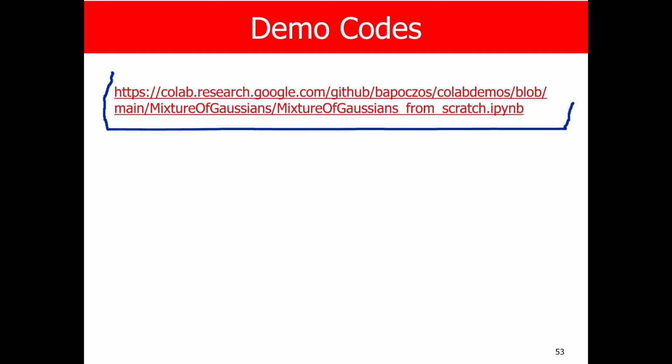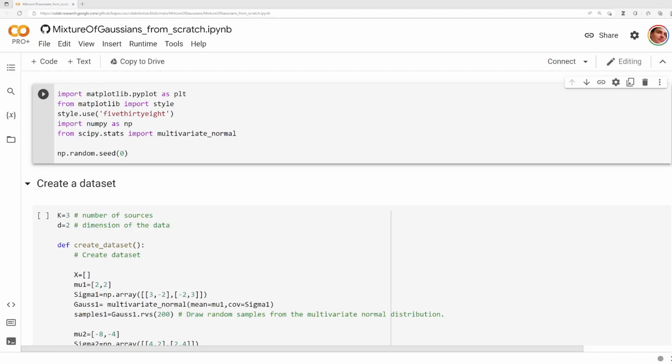In this Google Colab website, you can find a demo Jupyter notebook code that reproduces the parameter estimation steps in the mixture of Gaussians model. We will discuss this code now. This is a simple demo code for learning the parameters of the mixture of Gaussians model.